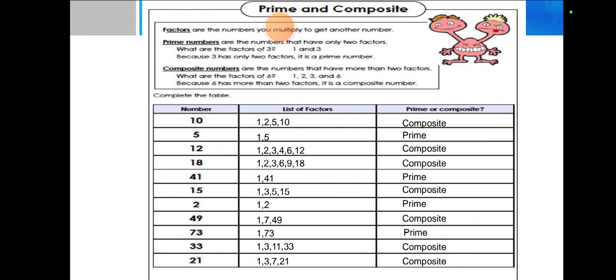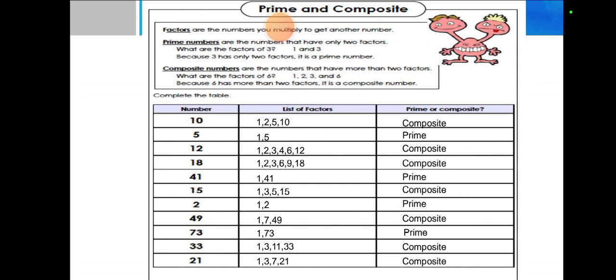Then I have 12. It has 6 factors: 1, 2, 3, 4, 6 and 12, so it's a composite number. Then I have 18, which also has 6 factors: 1, 2, 3, 6, 9 and 18, so it's also a composite number.